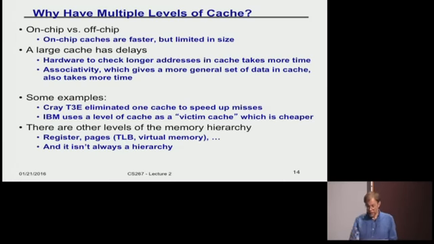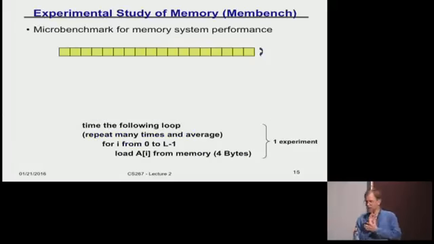Okay, so now, having given you all that complexity, I'm sure you want to see what the data looks like. Here is the really, really simple benchmark that we're going to run to see what impact this has. This is called a micro benchmark because it's just like 2 lines of code. The simplest thing you could imagine doing is have an array of length L, and all I'm going to do is read it: A0, A1, A2, A3.